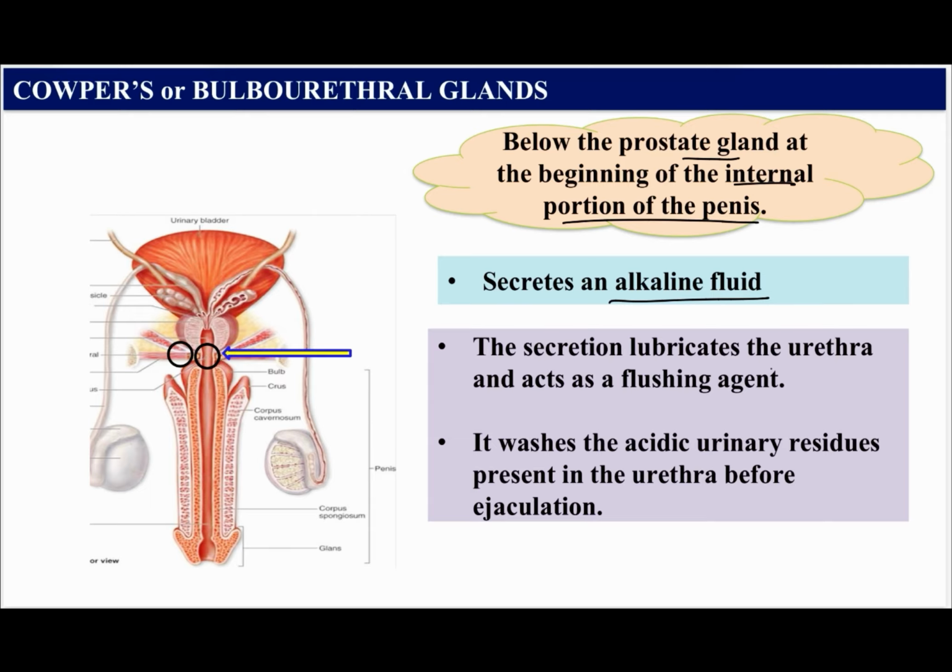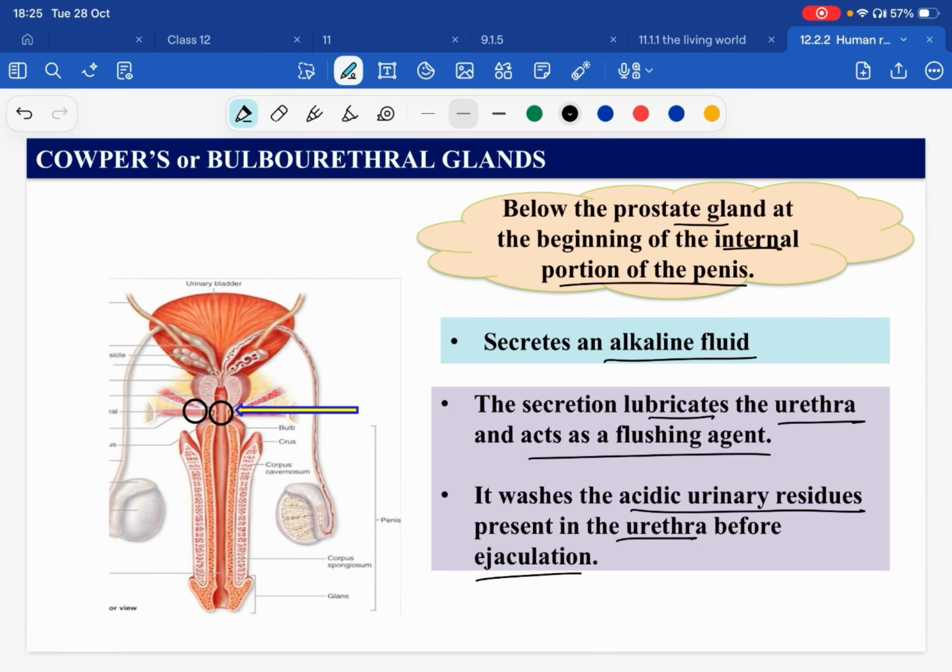The function of this secretion is to lubricate the urethra and act as a flushing agent, because it washes the acidic urinary residue present in the urethra before ejaculation.